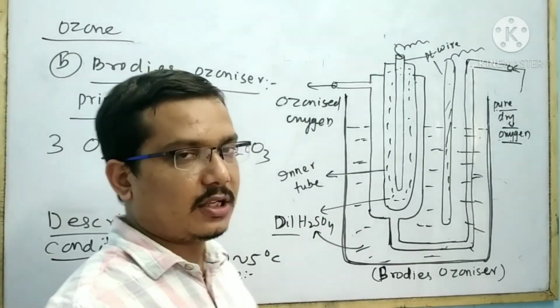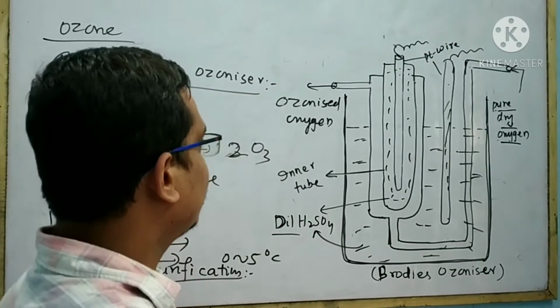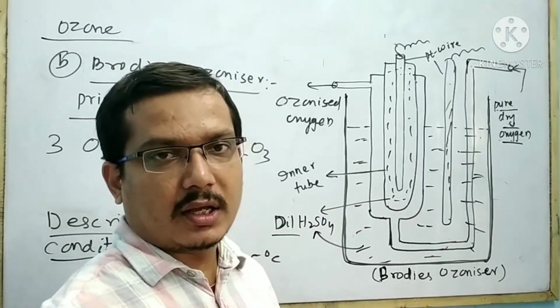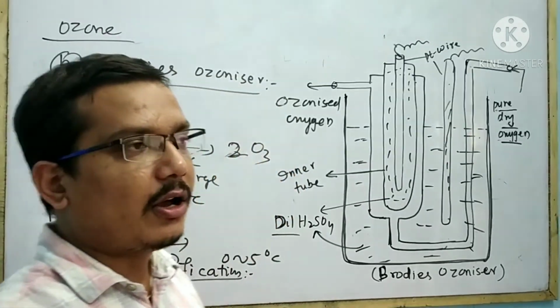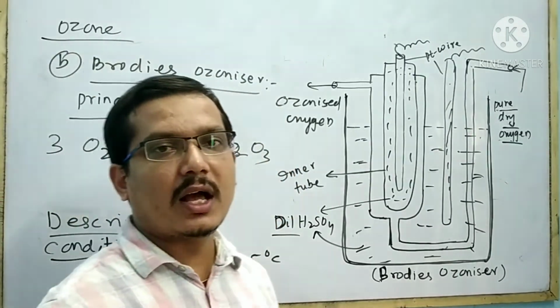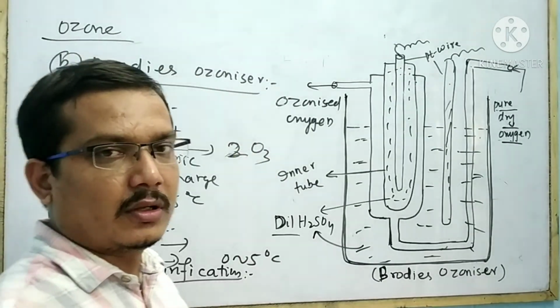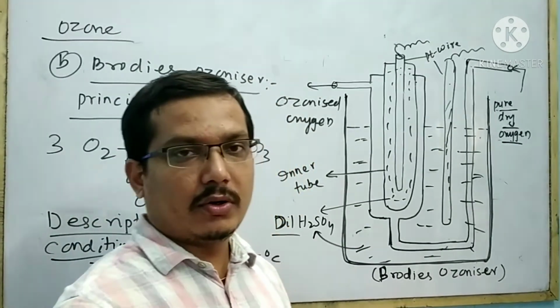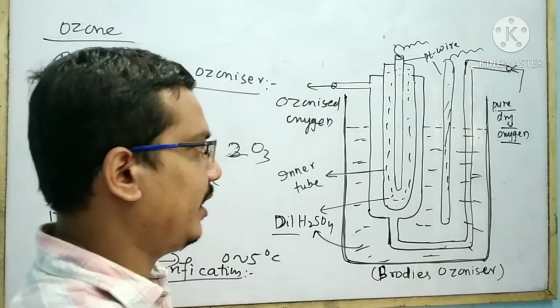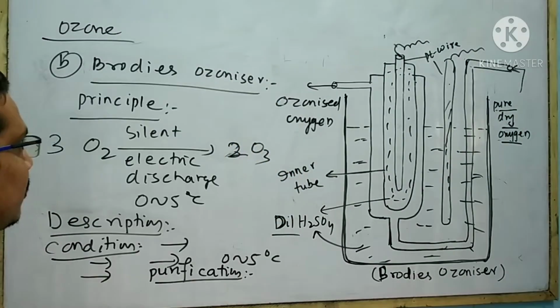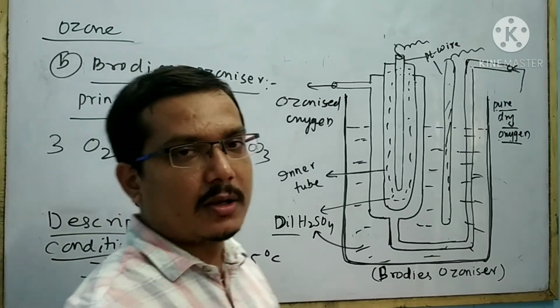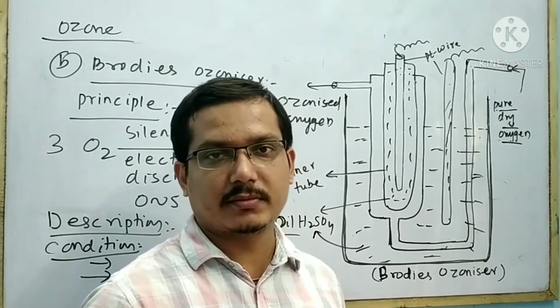At this condition, the ozone condenses as deep blue liquid and the oxygen remains in the container. Now the pure ozone is separated by the fractional distillation method. This is all about the Brodie's ozonizer.